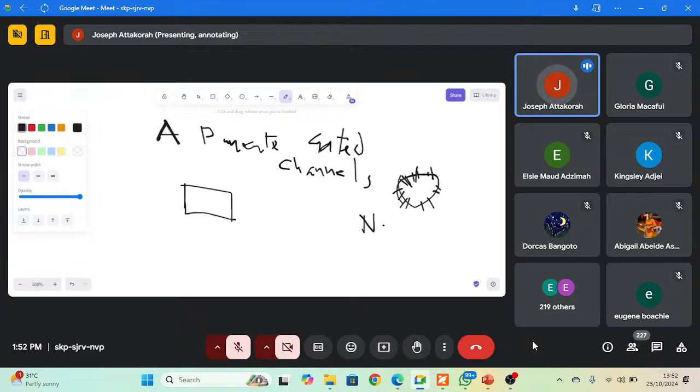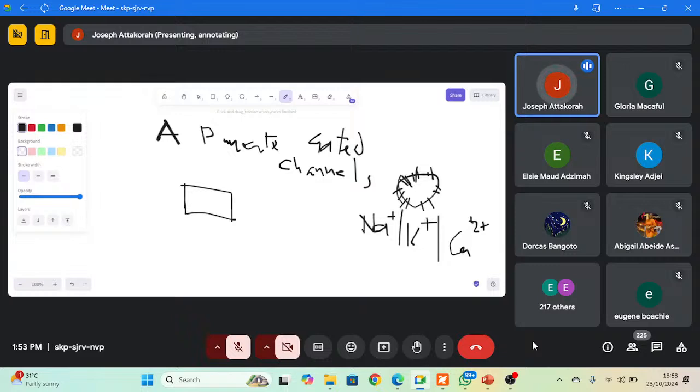So we have sodium channels, we have potassium channels, and we have calcium channels. So these are the channels found.